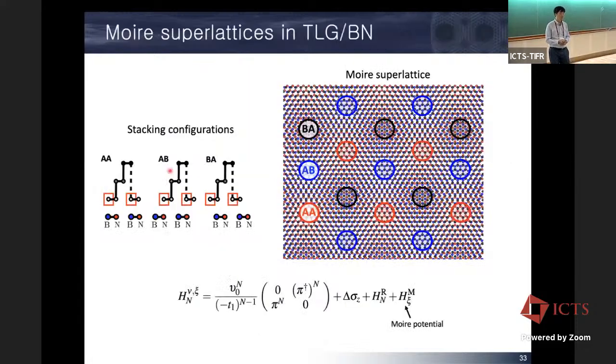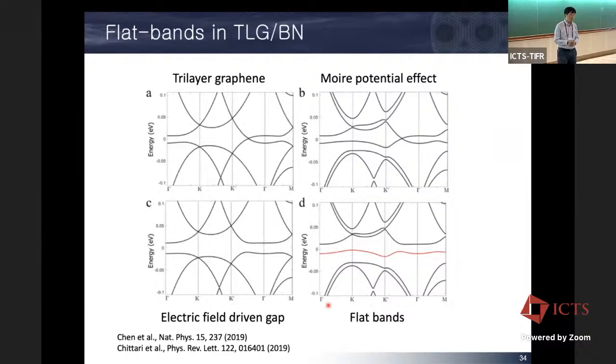And the way to explore this was adding these moiré pattern terms to the continuum model that we had discussed previously. And when we do that, this is the folded band structure of trilayer graphene. The moiré potential produces these avoided gaps. Applying an external electric field opens up a band gap at the primary point. It produces this kind of isolated and very narrow bands.